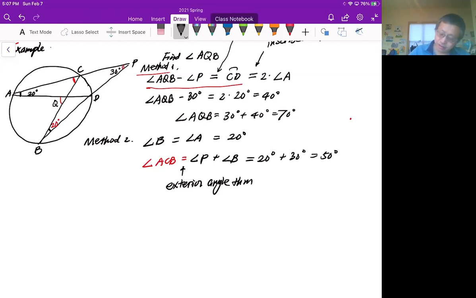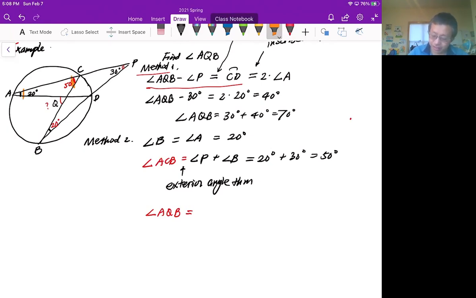Very good. So if this is equal to 50 degrees, can you tell me the angle Q here, the angle AQB? Well, this is again the exterior angle theorem.